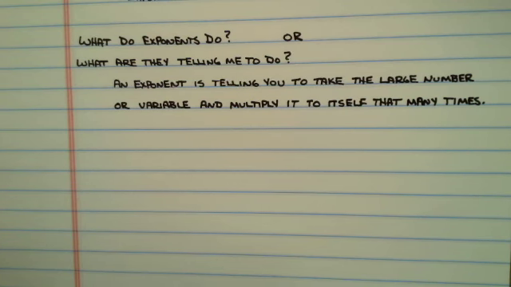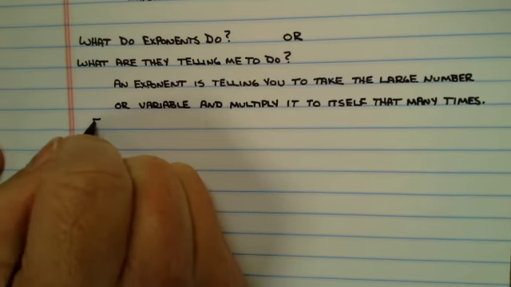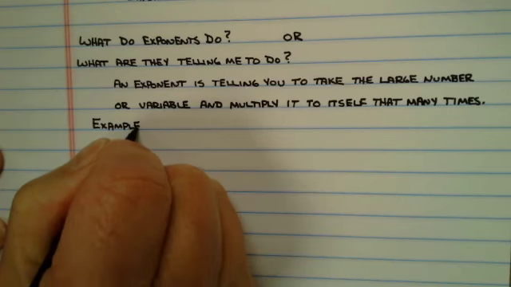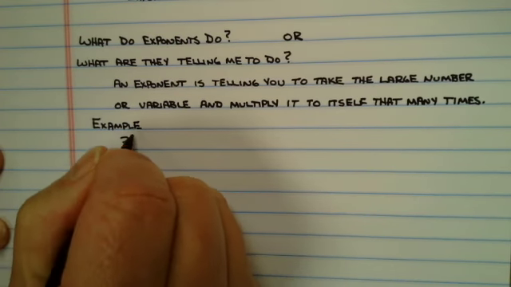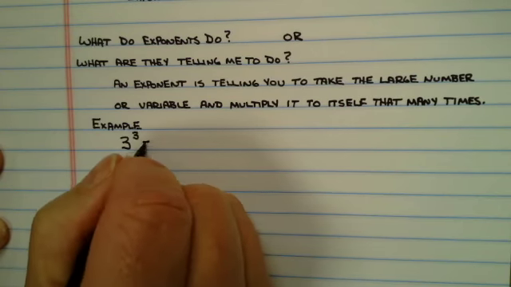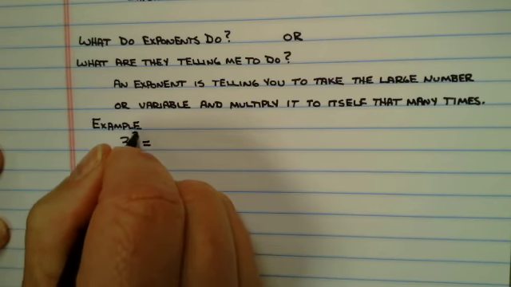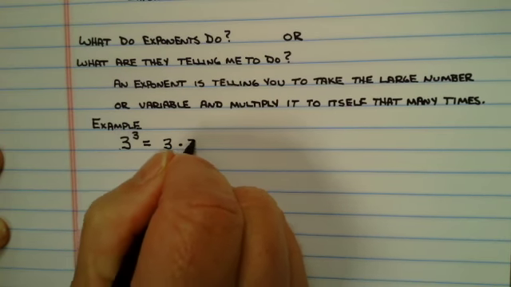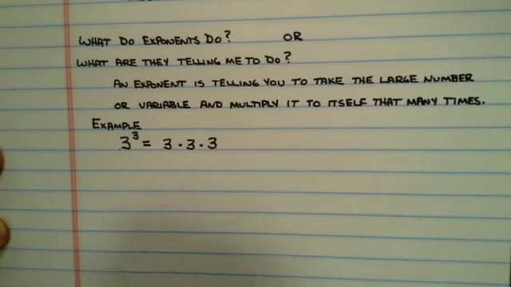That little number is telling you to write that larger number down that many times and multiply it all together. Here is an example. Three to the third power, or I could say 3 cubed. That means I'm going to take this 3 and write it down that many times: 1, 2, 3. And I'm going to multiply it all together.